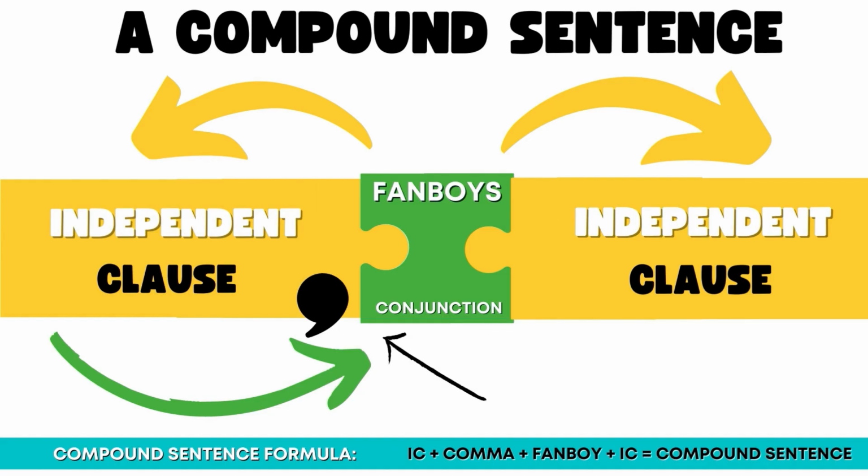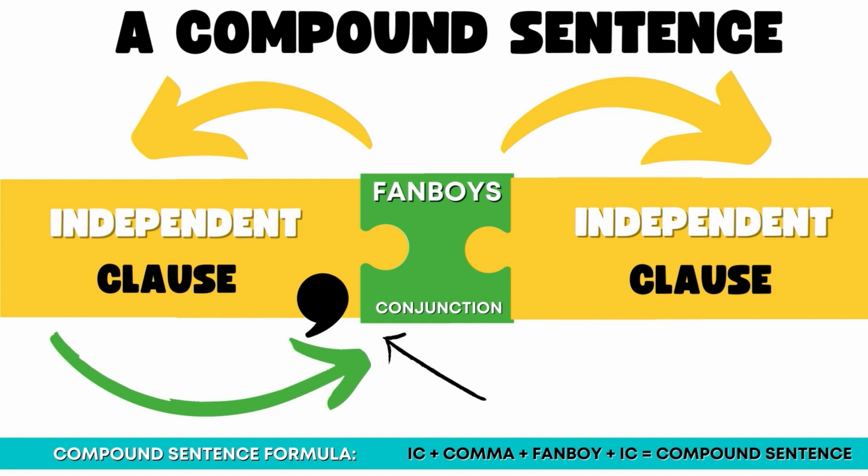Compound sentences follow a very simple, easy to follow formula. You need two independent clauses. That means two complete sentences on either side of your fanboy. And you need to make sure that you have a comma before your fanboy.